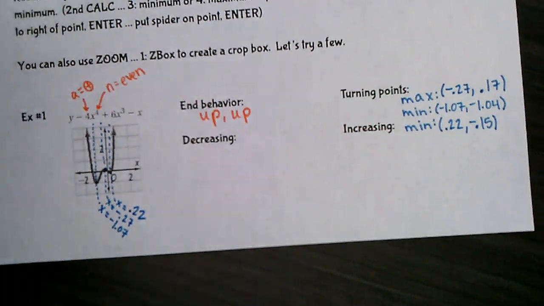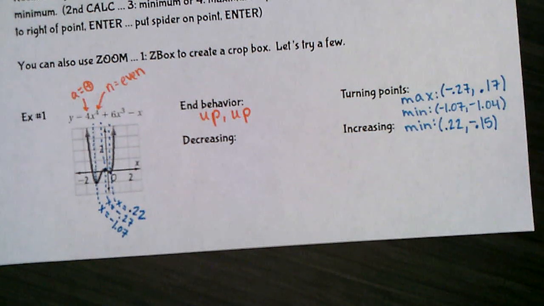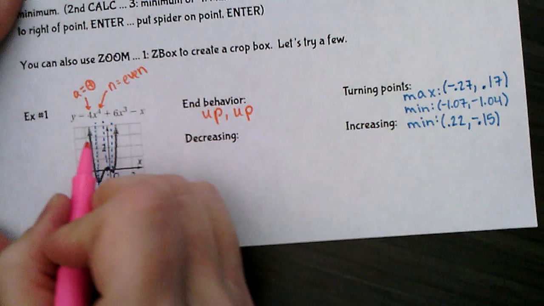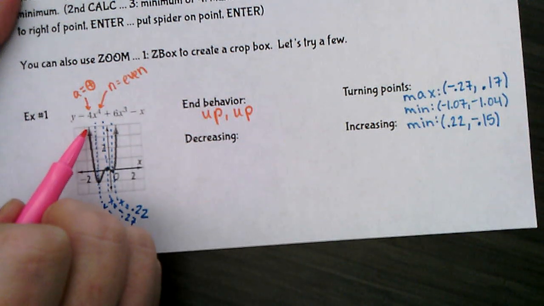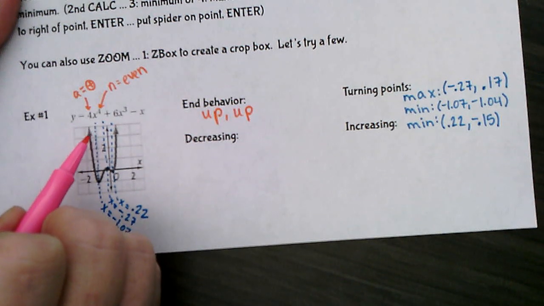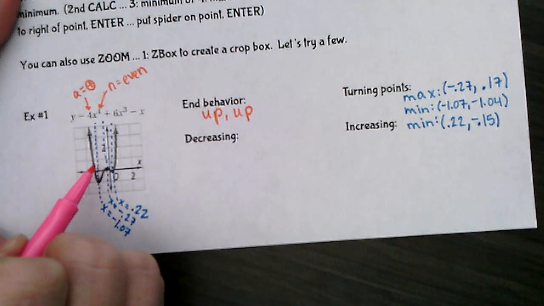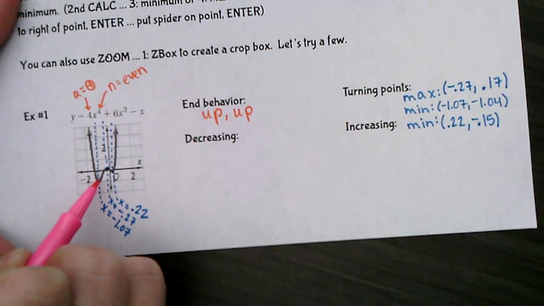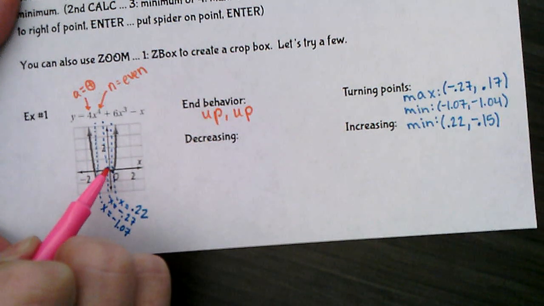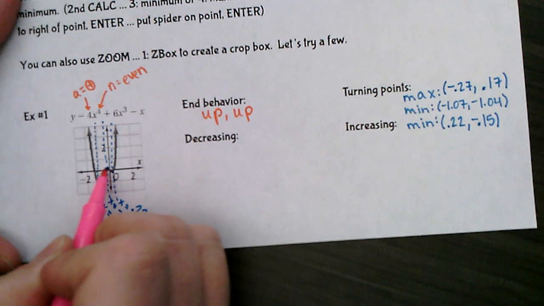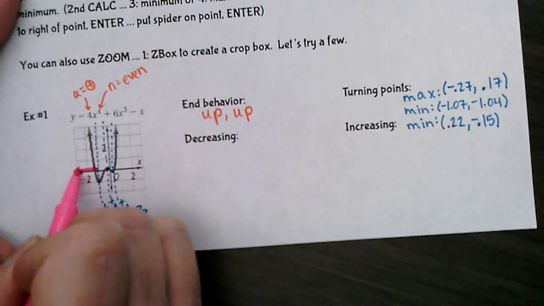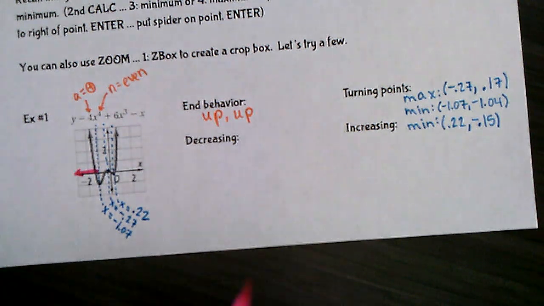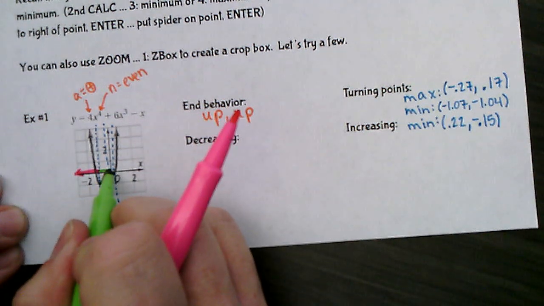Now let's look at what this function is doing, if it's increasing or decreasing as I move left to right. So remember that we want to start at the arrow. So if I start at the arrow and I move along the graph from left to right, I start out by going downhill. And then here I turn around and I go uphill, and then I go downhill, and then I go uphill. So on my intervals, I start out going downhill, and then just for a little tiny bit, I go uphill.